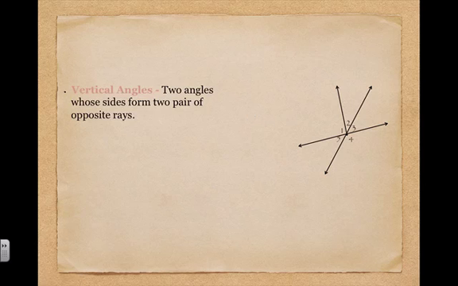Vertical angles. Vertical angles are two angles whose sides form opposite rays. Now remember again, we keep seeing this opposite ray. Opposite rays just mean a straight line. So we want two angles whose sides form two pairs of opposite rays.